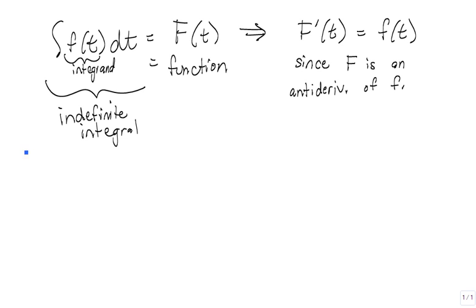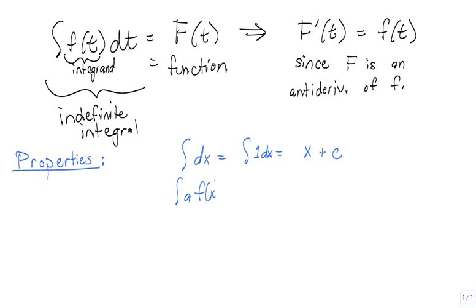Okay, so some of the properties we need to talk about. The antiderivative of, actually that's 1, is x plus constant. If I have a constant with the function, I can bring the constant out in front, then integrate it.